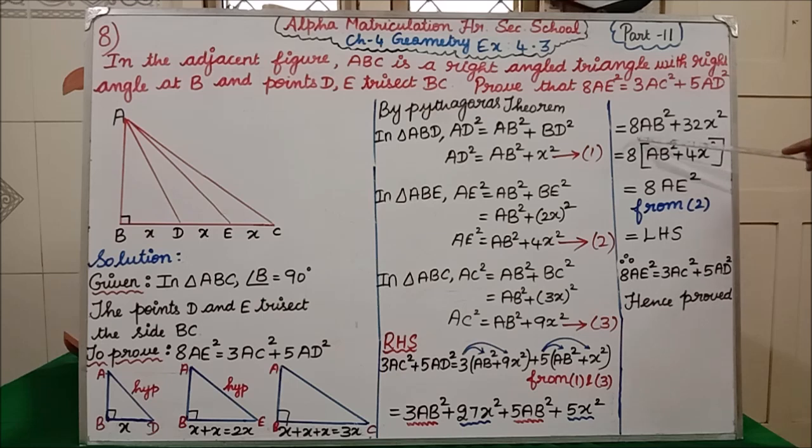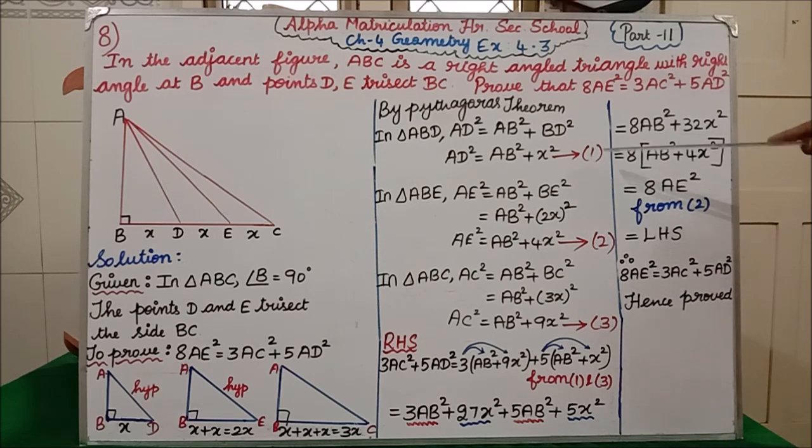If this 8 goes out, remaining is what? Only AB square. So write that AB square. From this 32, once 8 has gone out, what remains here? In 8 table, how many times 32? Yes, very good, 4 times. 8 fours are 32. Clear? So now you write here 4x square.